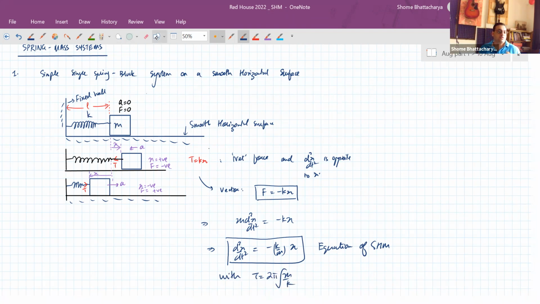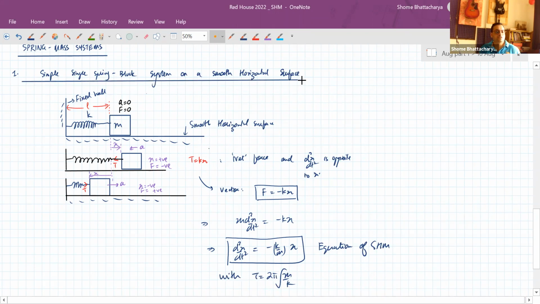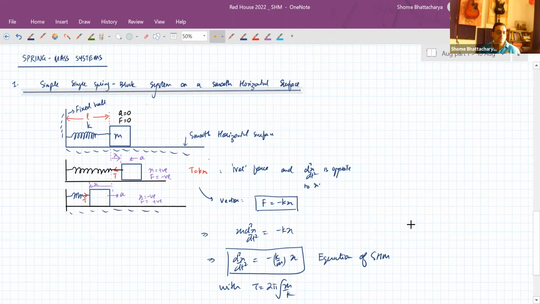So this is the most obvious and the simplest example of a simple harmonic system, because the net force is nothing but the spring force coming from a single spring on a horizontal surface. So the net force is nothing but minus kx, where k is the spring constant or the stiffness of that single spring. It's something very simple and uncomplicated. Okay.